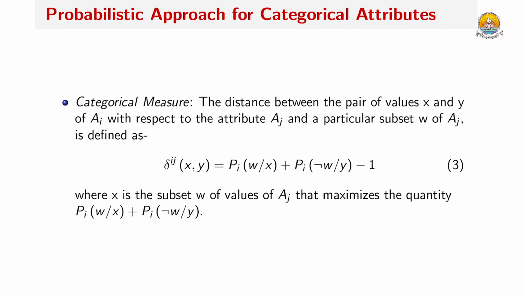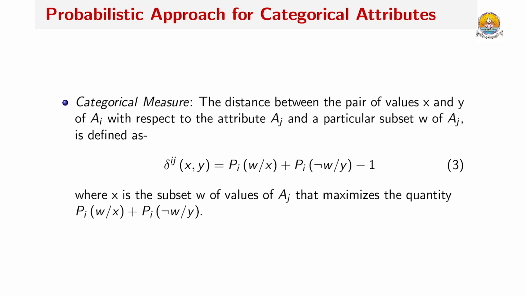After finding these probabilities, in order to find the distance between the two, we do the summation of probability of i with respect to given x, plus probability of i not w given y, minus 1. Here x is the subset of values for aj that maximizes the quantity of the probability p i w given x plus p i not w given x.